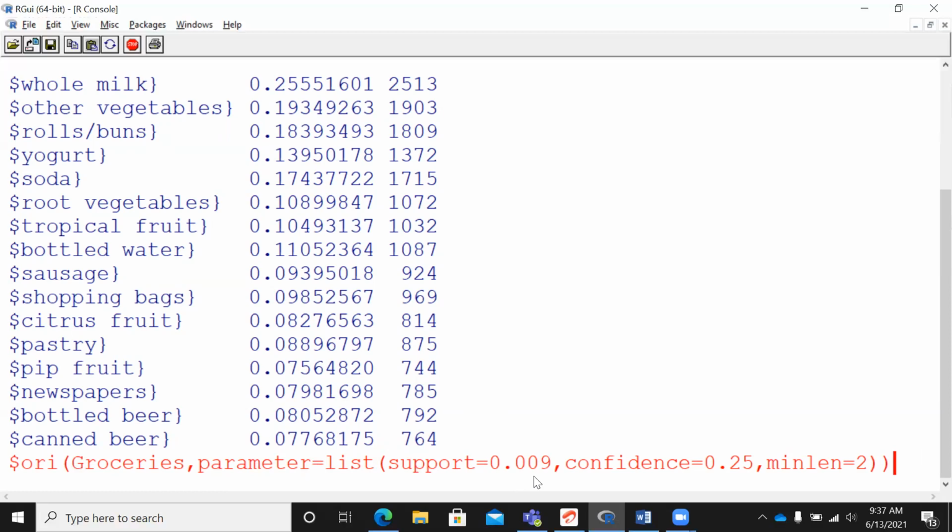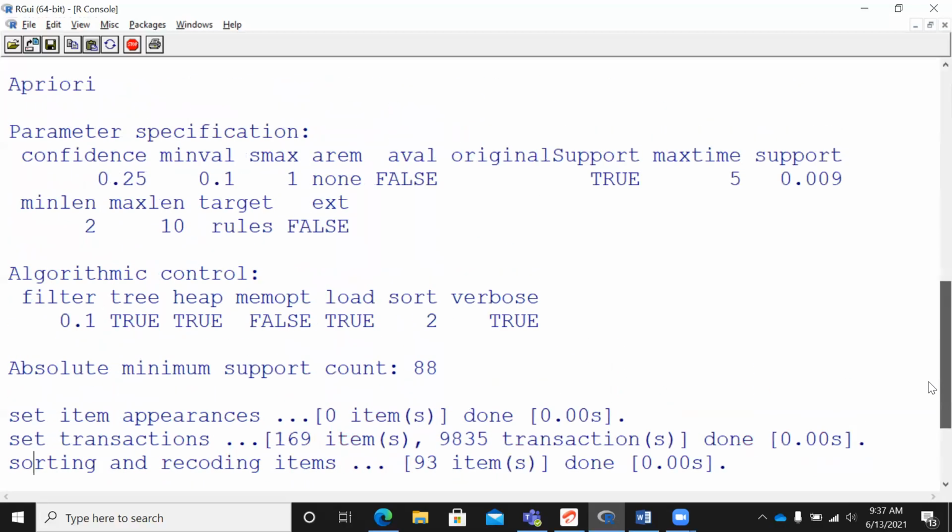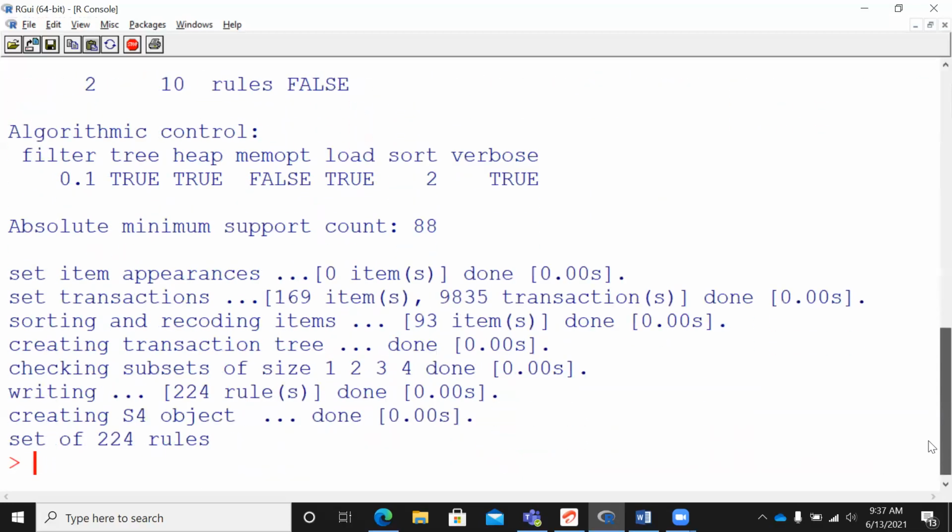Let me just go ahead and execute this particular command. My Apriori function has run, and it is just giving me some basic information here. This is very, very interesting. Let me draw your attention to this particular line. It says writing 224 rules. Apriori algorithm has found 224 rules. When we say rules, each rule represents product associations.